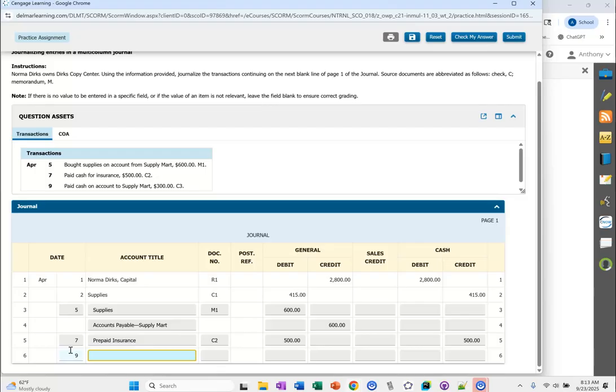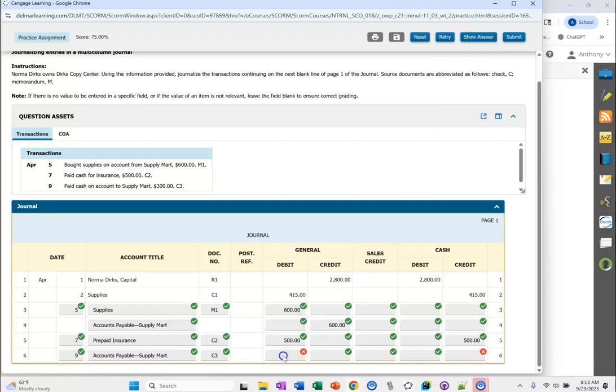Okay, the last one on April 9th is paid cash on account to Supply Mart, $300. What account are we transacting here? Accounts payable, Supply Mart. This is C3. And is that going to be a credit or debit into Supply Mart? Did I screw that up? Check my answer here. Okay, good, I did not.